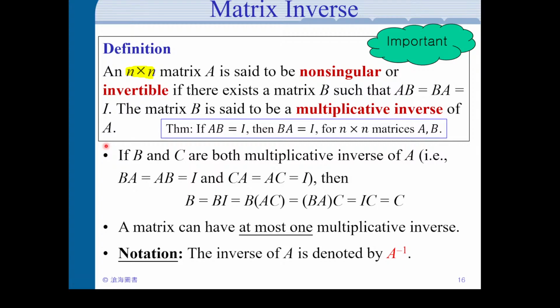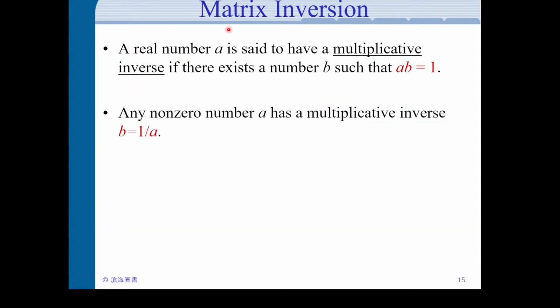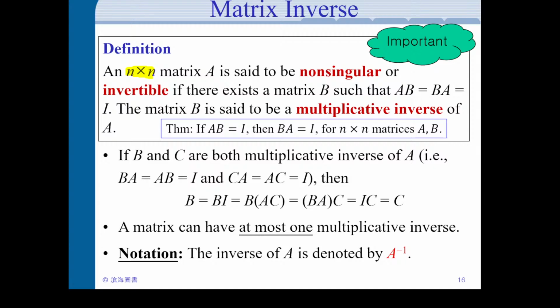But the matrix inverse doesn't always exist, just like a number inverse doesn't always exist, because 0 doesn't have an inverse: 1 divided by 0 doesn't exist. Similarly, many matrices do not have an inverse. When a matrix has an inverse, it's called non-singular or invertible. Those are just names.